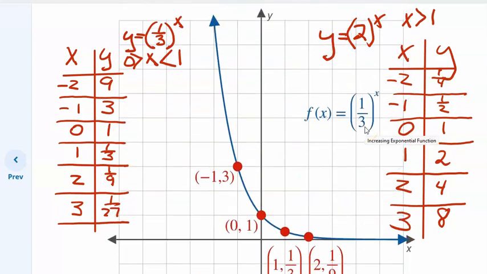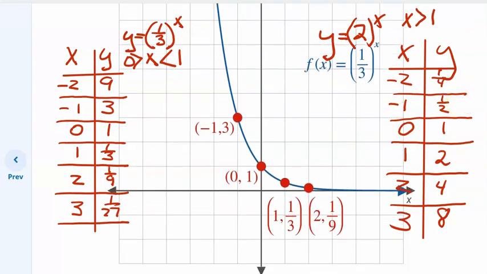Now, some vocabulary from the past: we see the blue curve gets closer and closer in the first quadrant to the x-axis, but actually never reaches the x-axis. What do we call a line that something gets close to but never reaches? An asymptote. And since this one is horizontal, we say in this case the x-axis is the horizontal asymptote.